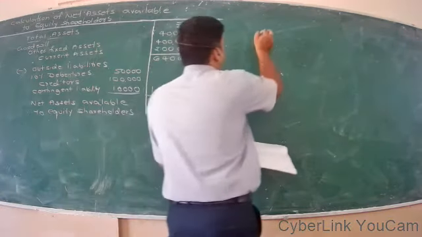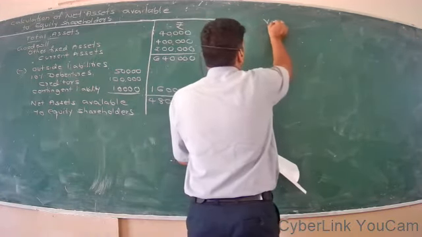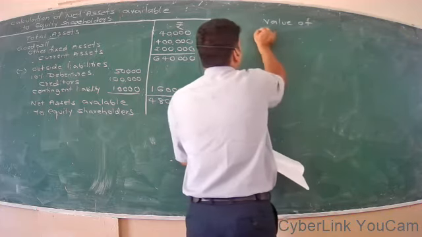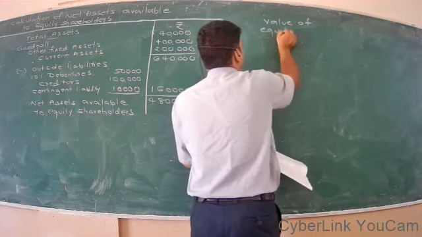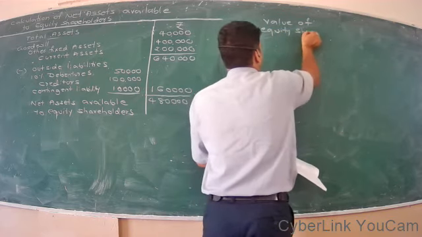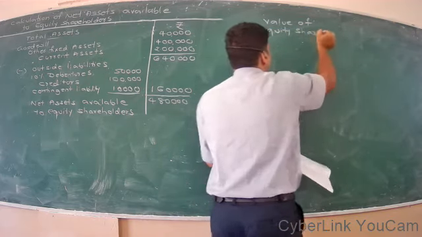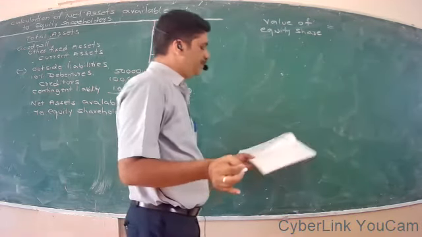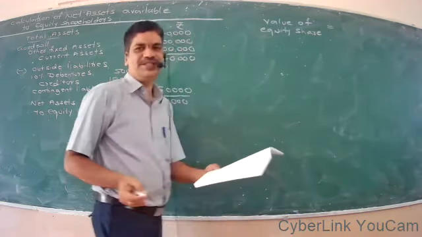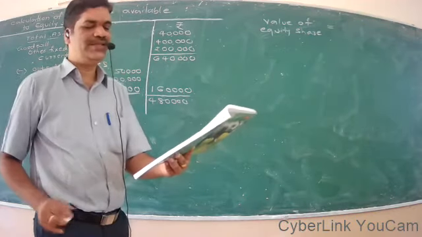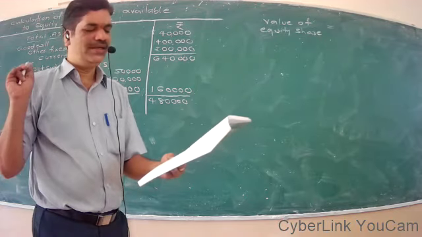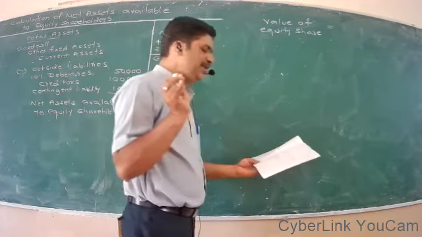Now we have calculated one requirement of the formula, that is net assets available to equity shareholders. Now, the value of equity share under the net asset method is net assets available to equity shareholders divided by number of equity shares.